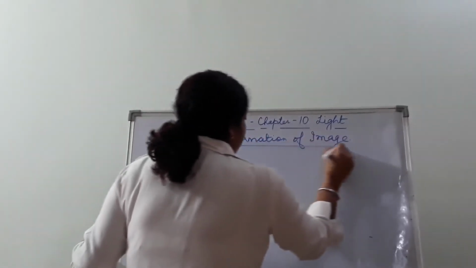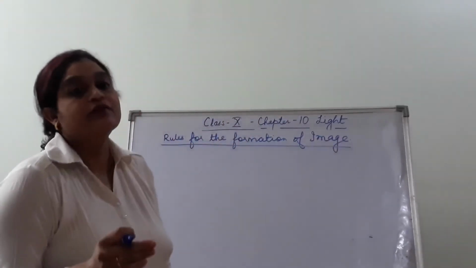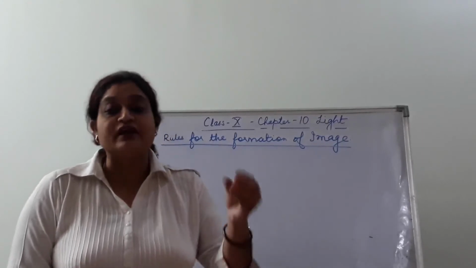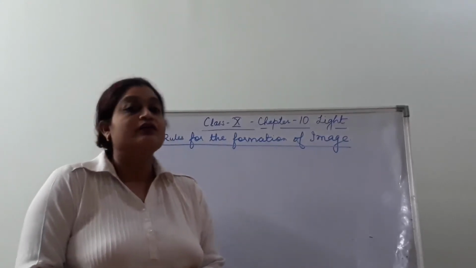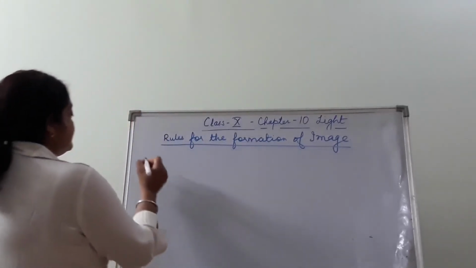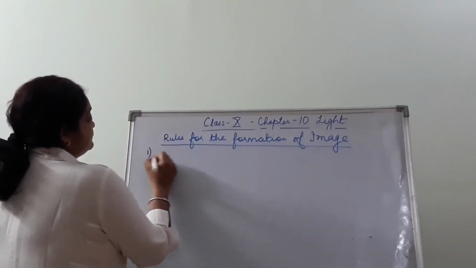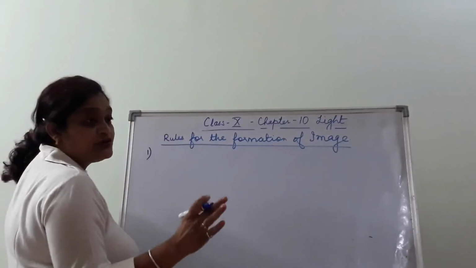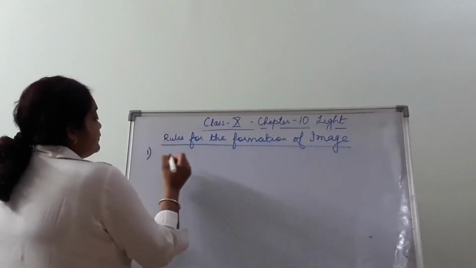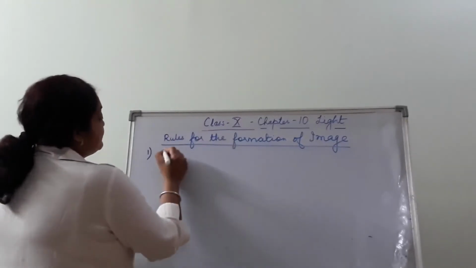Whenever we draw ray diagrams, there are certain rules associated with concave mirrors as well as convex mirrors for the image formation. So the first rule is, these are very important rules and they will help you to draw the ray diagrams. So watch it very carefully.